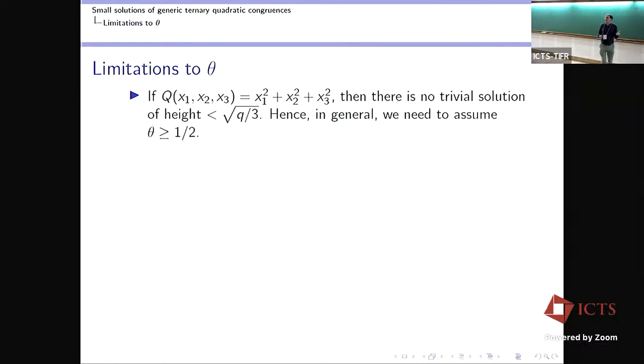So this becomes an equation x1² + x2² + x3² = 0, which has only the trivial solution. So this example shows that we need to assume that θ is greater or equal 1/2, if we don't make any extra assumptions on the coefficients.